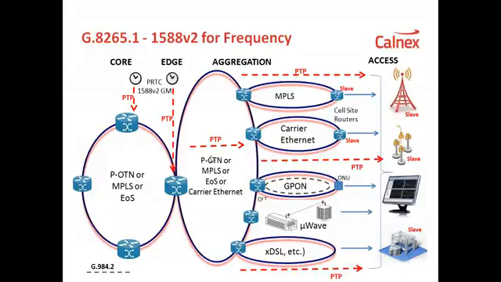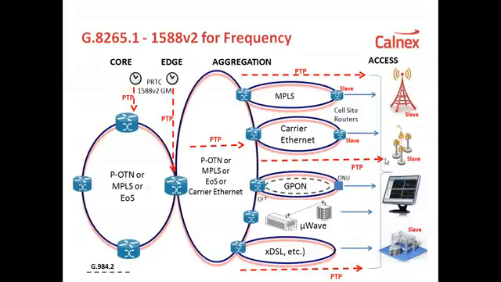The edge network could again be the same technologies. And then the aggregation points could be aggregation points for different access networks. MPLS, Carrier Ethernet, PON, microwave, DSL, and so on. They all apply depending on the type of network that is deployed in your network, the type of technology that's deployed in your network.